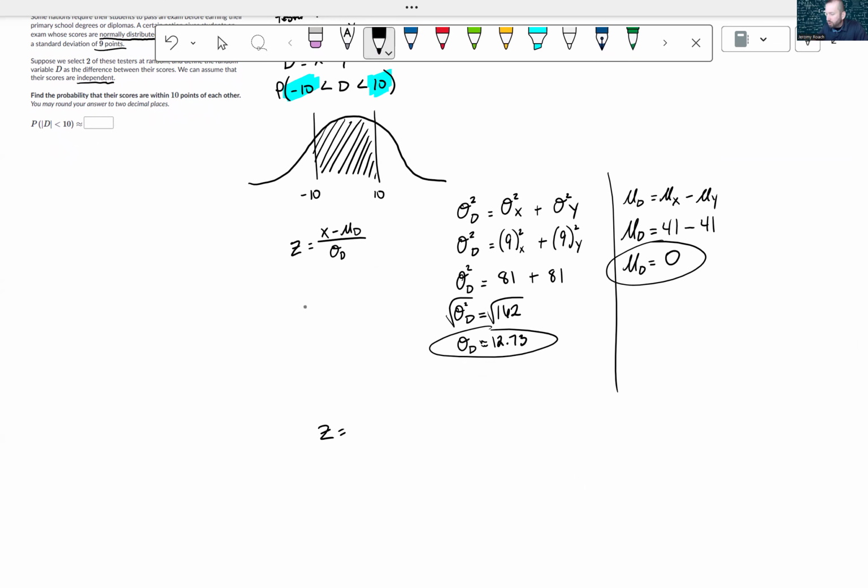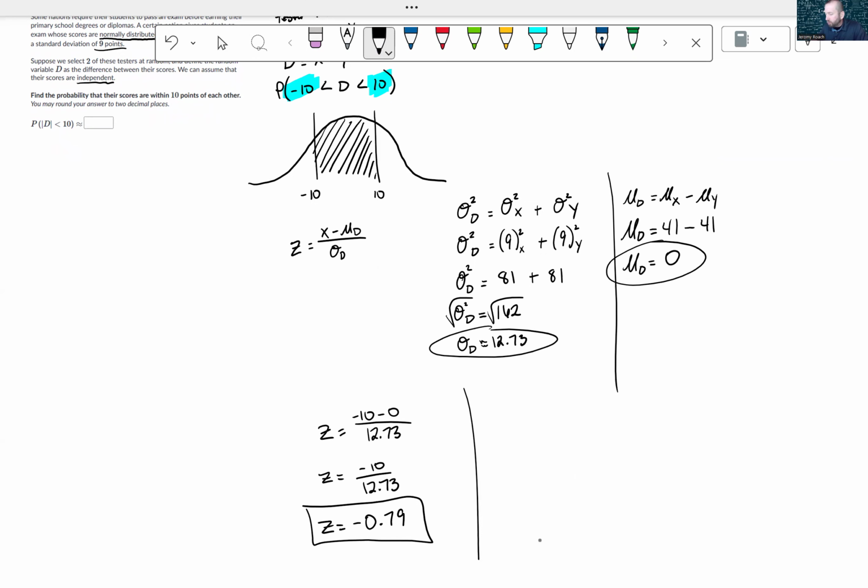So our first one, we're going to plug in -10 for x, minus 0 was our mean, over 12.73 was our standard deviation. So our first one is going to be -10 over 12.73. And it's approximately -0.79. That's for our first z-score.